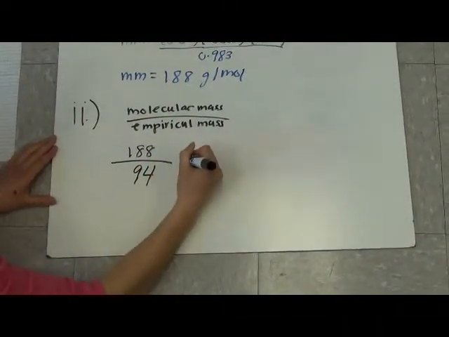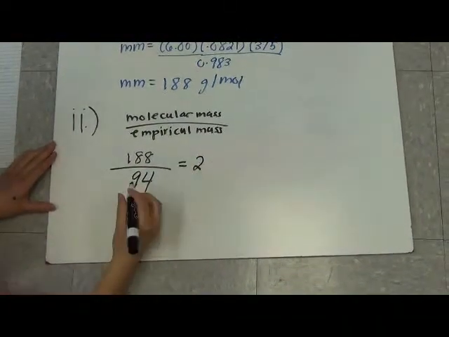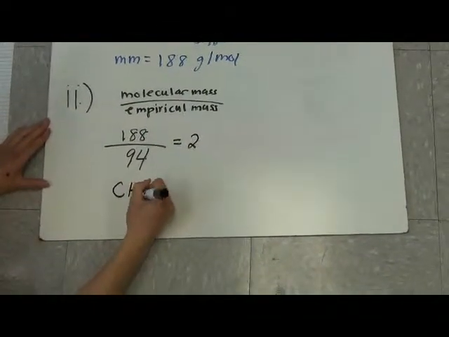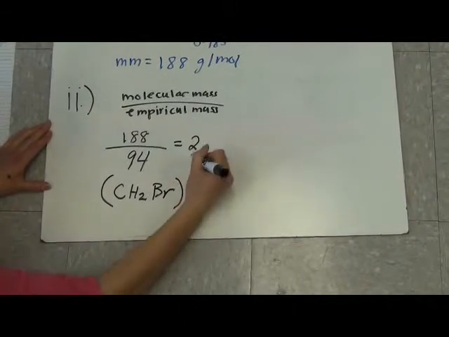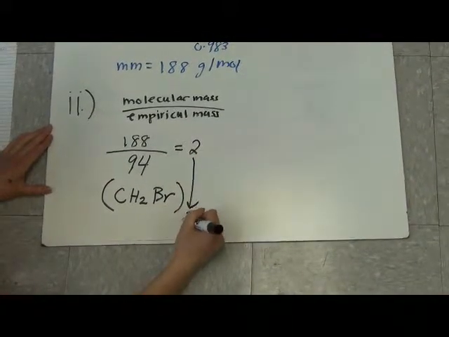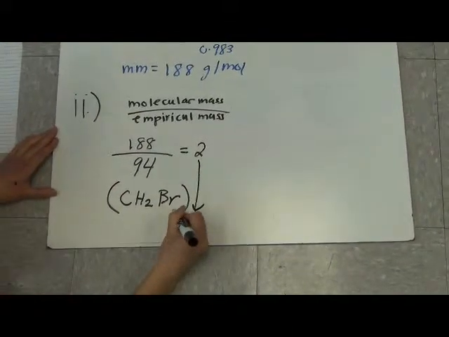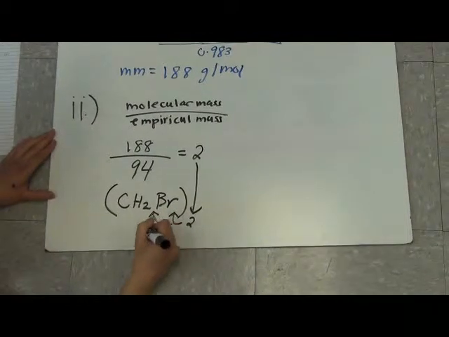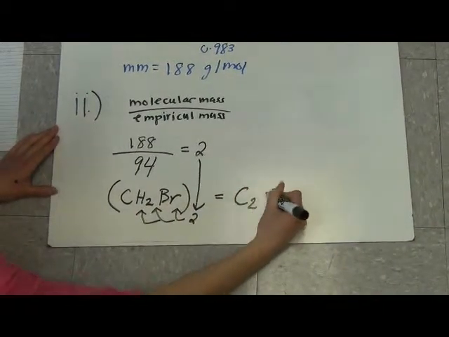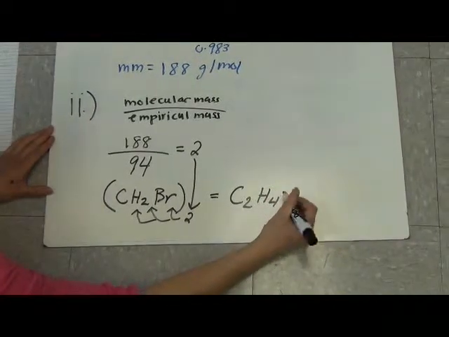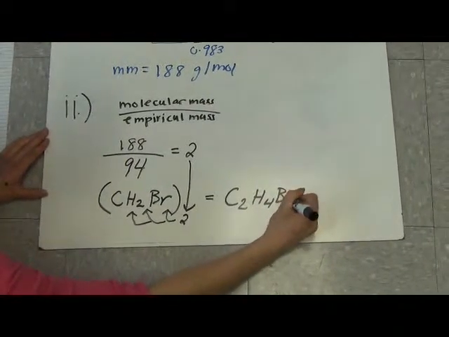You divide that, and it gives you 2. So we have CH2Br, and we take this 2 and distribute it in. That gives us C2H4Br2.